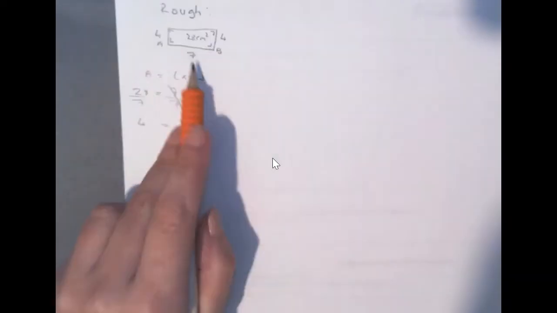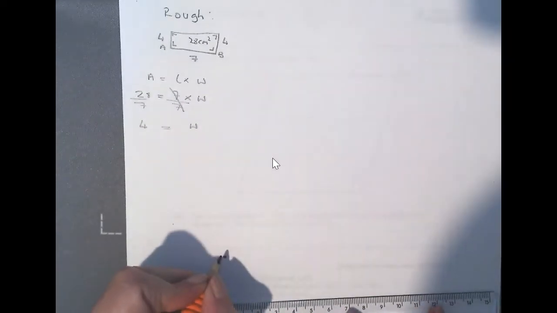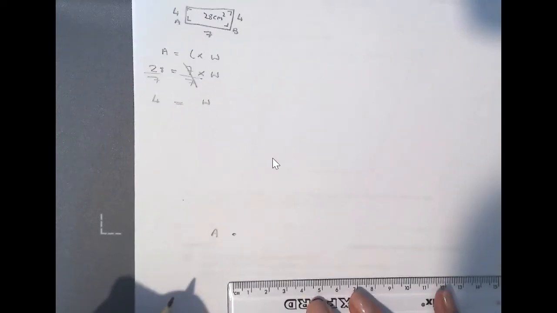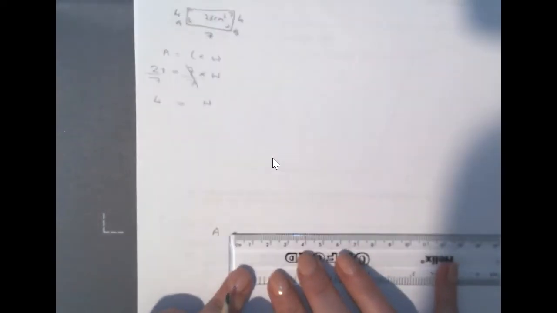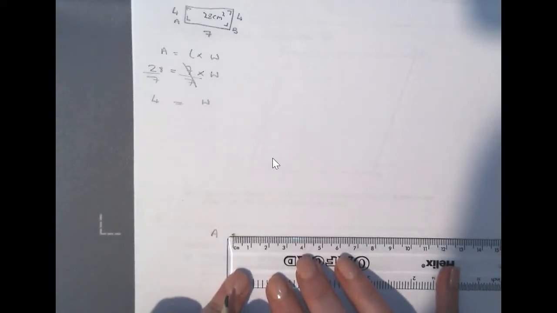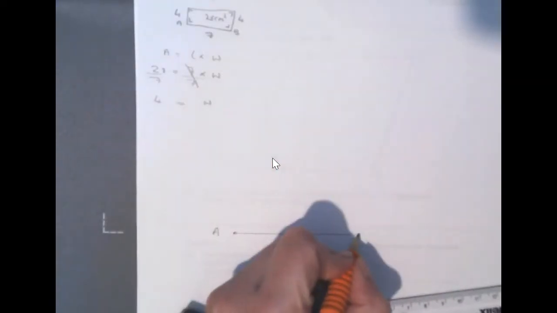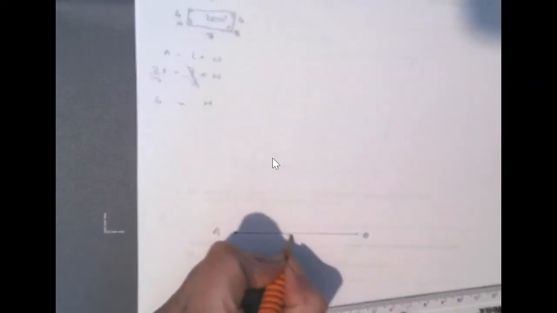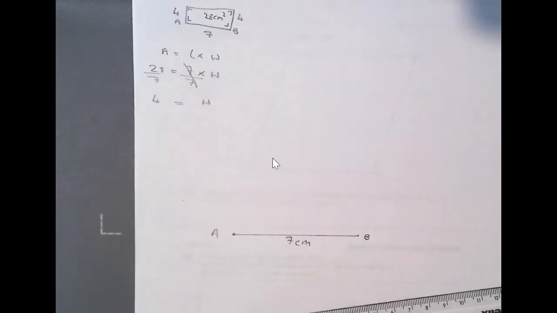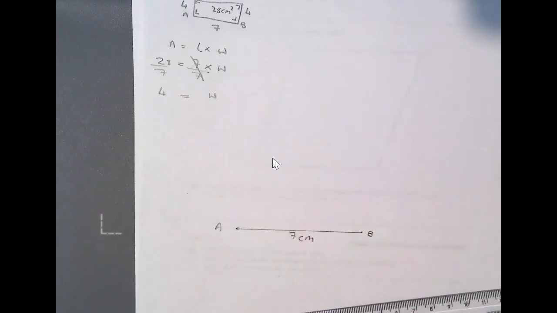Okay, so the first thing I want to do is draw in the base of my rectangle. So I'm going to do a starting point here of A, measure my 7 centimeters, which is across to here. Okay, so that's the base of my rectangle.